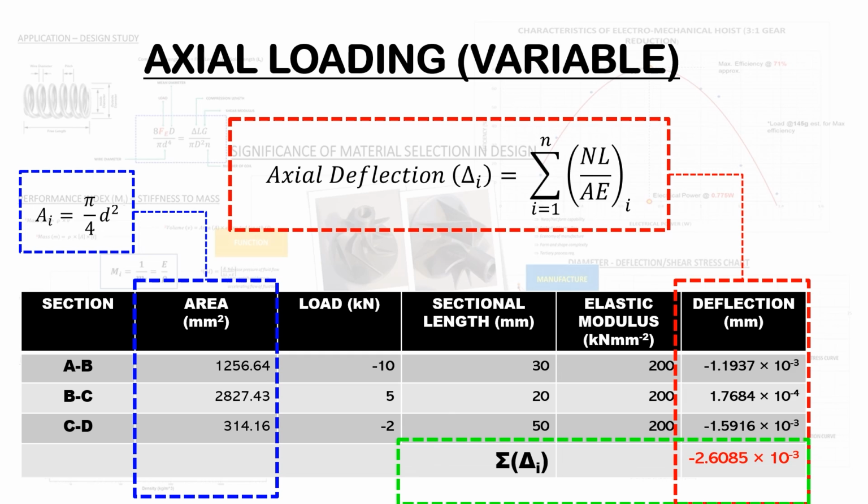And section CD gave an axial deflection of minus 1.5916 times 10 to the power minus 3 millimeters. The sum of all the deflections experienced per section of the step bar yielded minus 2.6085 times 10 to the power minus 3 millimeters.